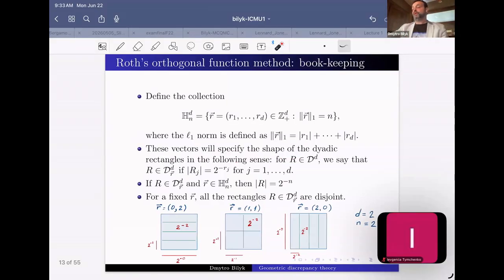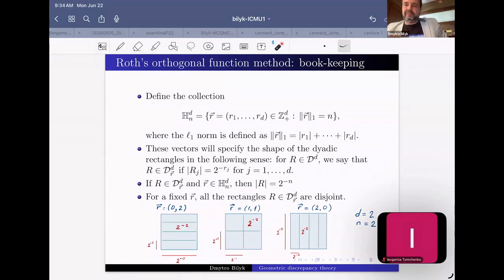When you talk about dyadic rectangles, unfortunately, the combinatorics becomes very complicated. In one dimension, you just have a system of dyadic intervals. They're all intervals. The geometry is the same. In higher dimensions, geometry becomes more elaborate.